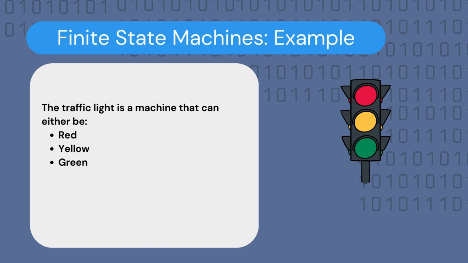Also, as you know, there's a sequence in which the changes occur. The traffic light cannot be green, then red, then yellow. It always has the color sequence red, yellow, green, or green, yellow, red. The sequence of states can be designed in hardware using a finite state machine.